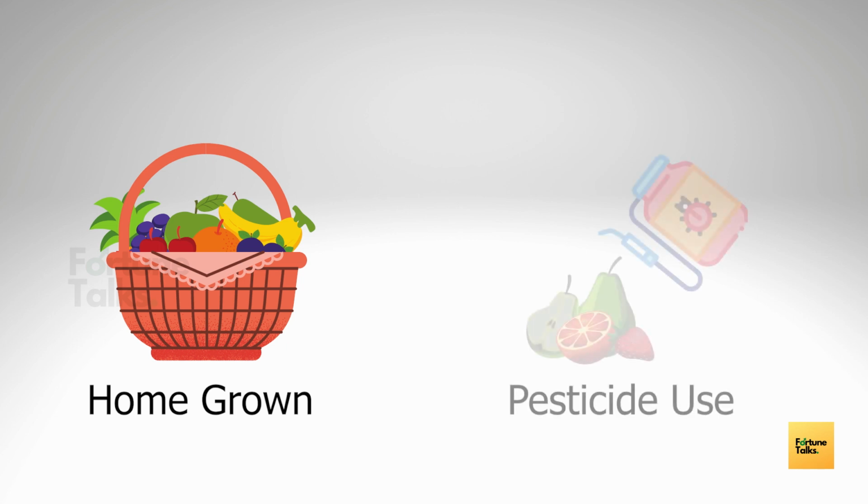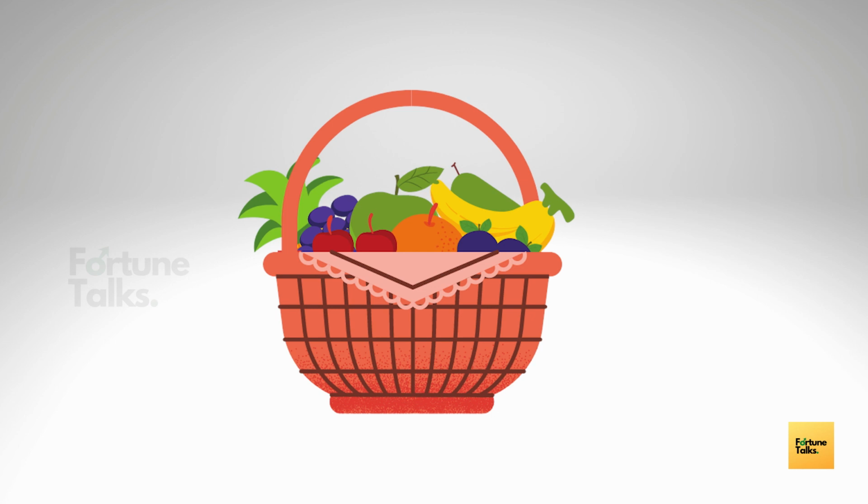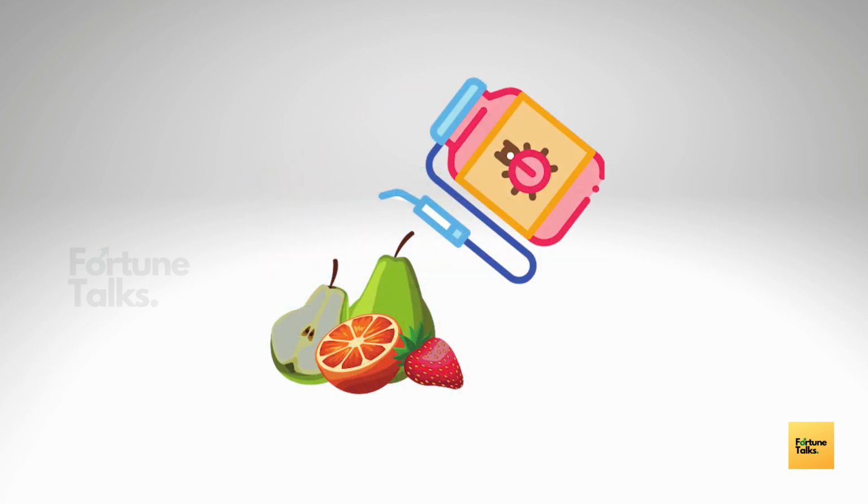Which is better, a fruit from our own home farm or one with heavy pesticide usage? The former may not be very good looking and won't stay fresh for many days, but it's healthy, while the latter may look appealing to the eyes and stays fresh longer, but it's not even remotely good for our health.